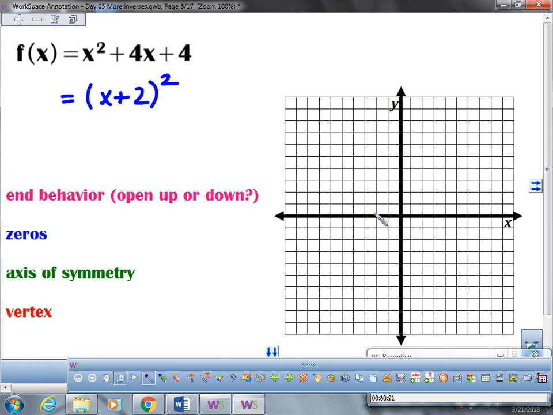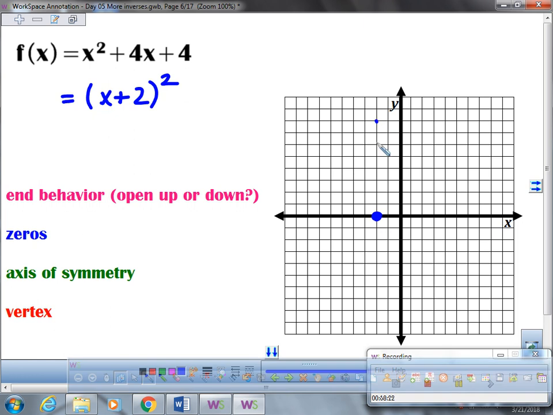So you're going to go to the left 2. That is your vertex. That is your axis of symmetry. And so all you need is over 1, up 1, over 2, up 1, 2, 3, 4, which makes sense because this is 4. All right, I think we need to go harder.